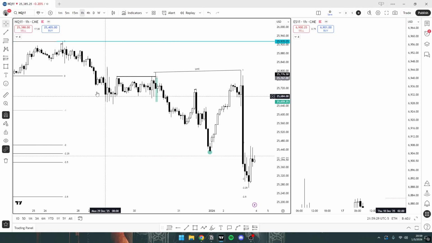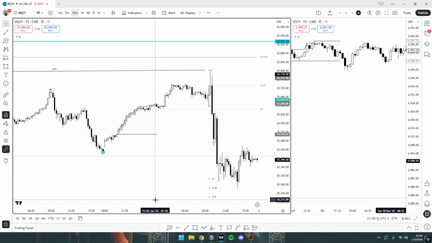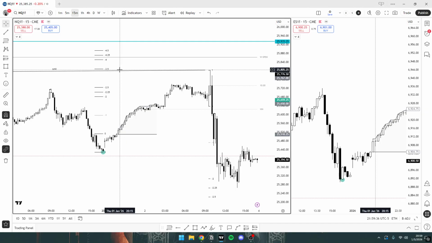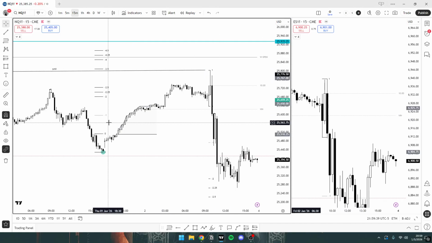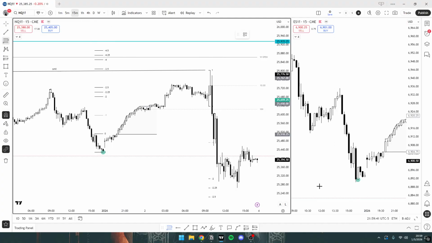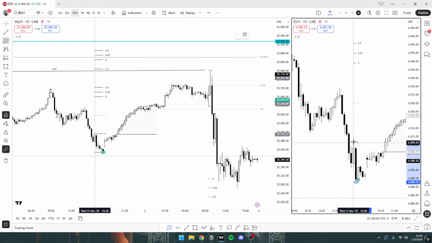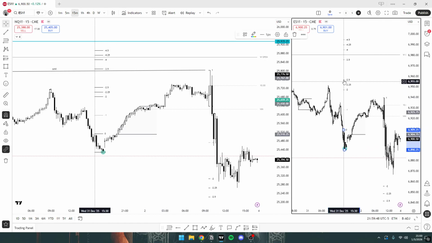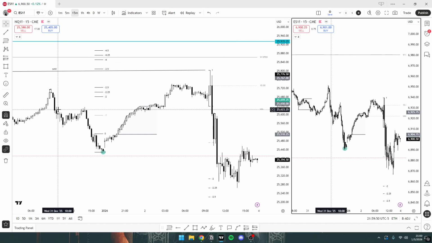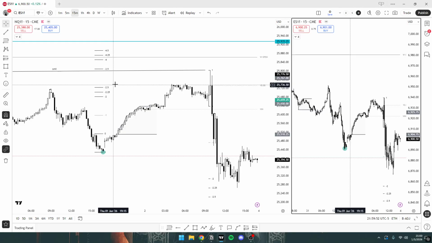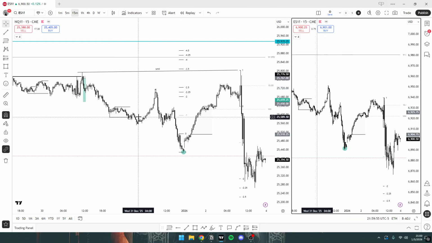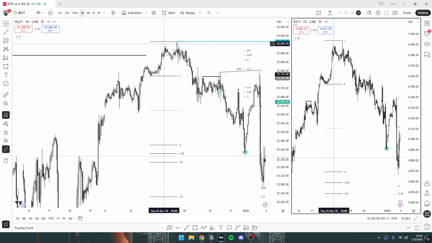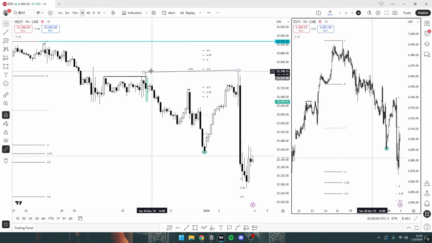Okay, anyway, let's just look for what topped us out. Let's see what this hit. Nothing. Okay, that's cool. We hit -2, we closed above it, see the closes, and we wicked up to -3.5, formed SMT.